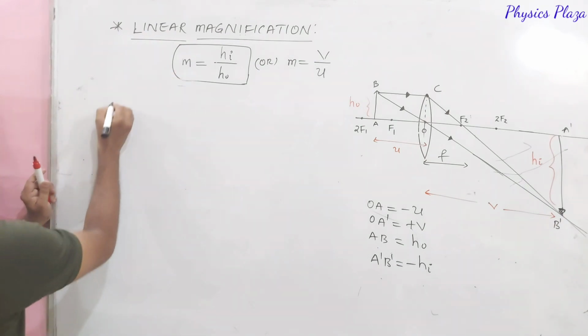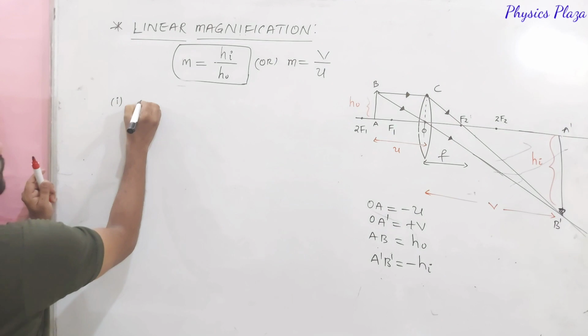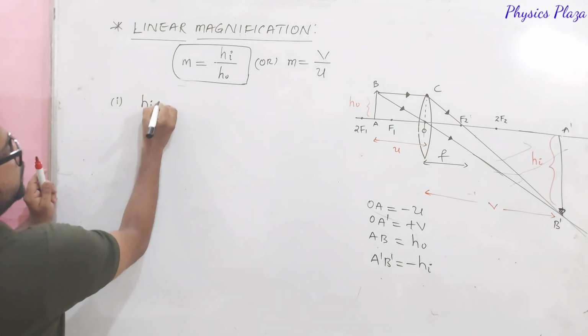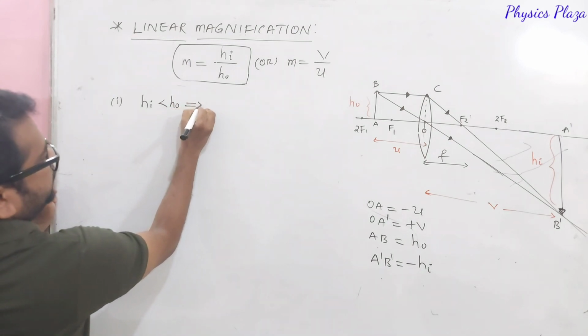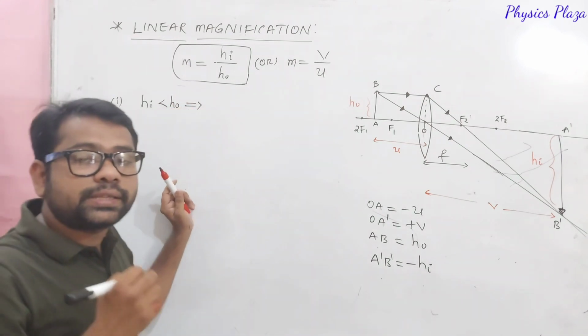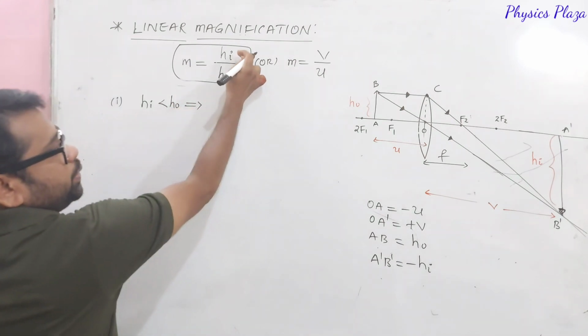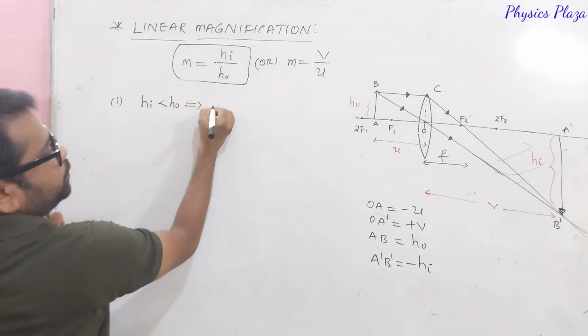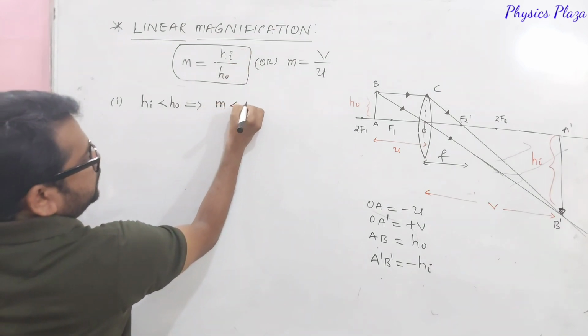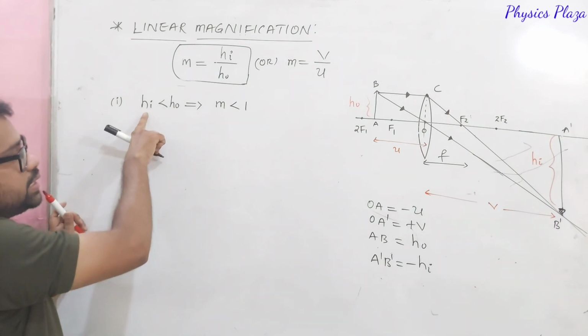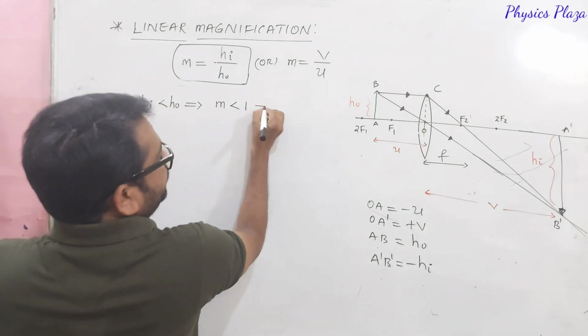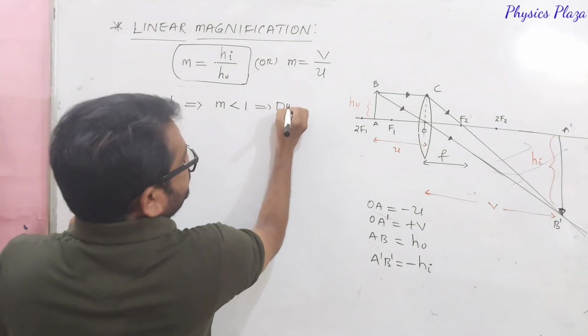First case: what if hi is less than h naught, which means image height is less than the object height? As the numerator is less than the denominator, obviously m is going to be less than 1. So it is a diminished image.